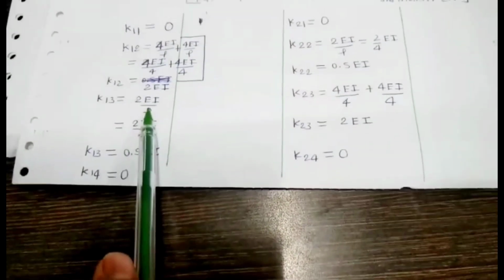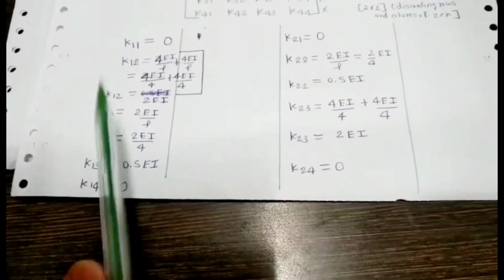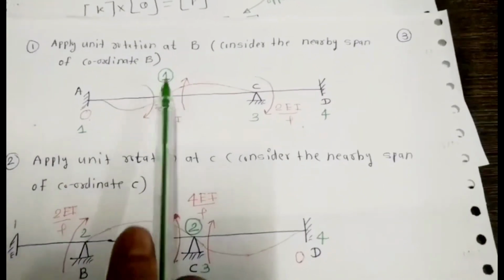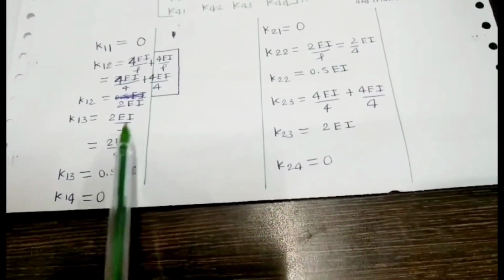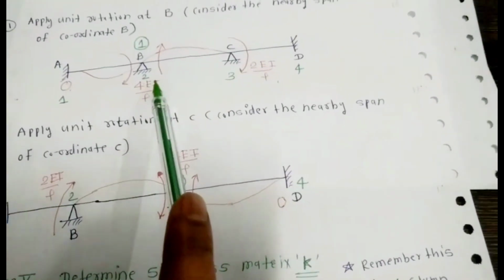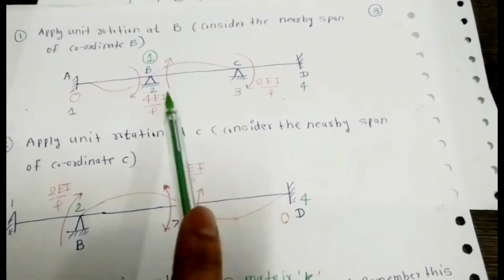Now K13, that is the first coordinate effect on the third point. It is 2EI upon L, where L is the span of BC, which is 4 meter.